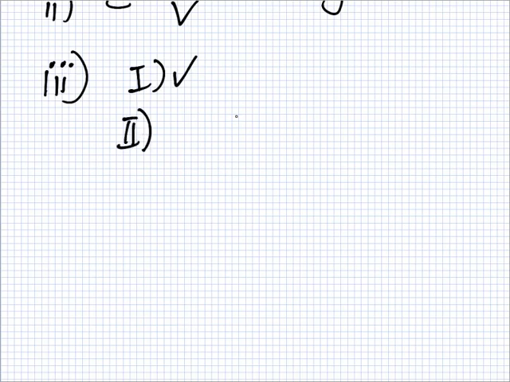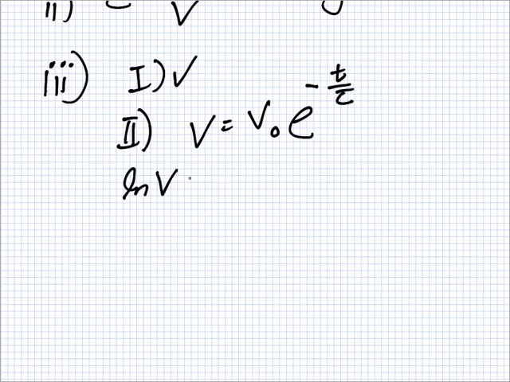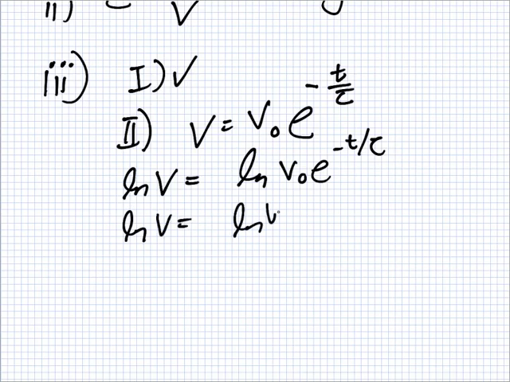You have the formula V equals V0 e to the minus t over time constant. If you put log on both sides, you get log V equals log V0 plus log e to the minus t over time constant.